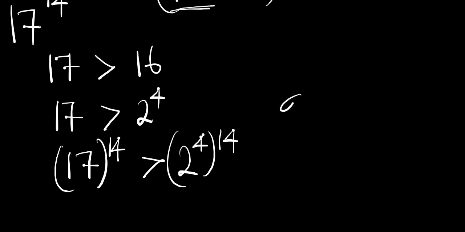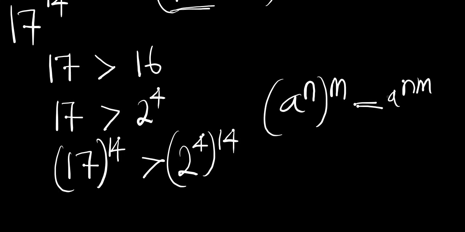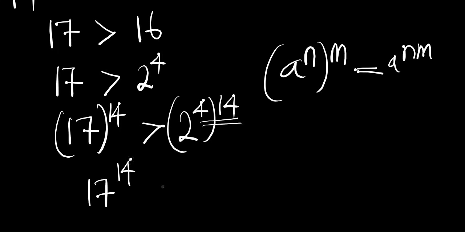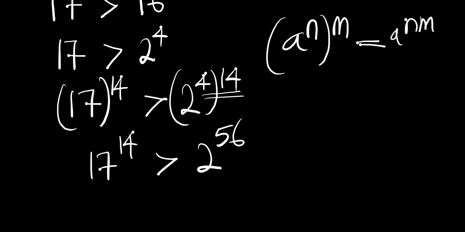If you have a to the power of n, all to the power of m equals a to the power of n times m. So let's multiply 4 times 14. We are going to have 56, meaning that 17 to the power of 14 is greater than 2 to the power of 56. Have you seen that? Now, let's make our logical conclusion.